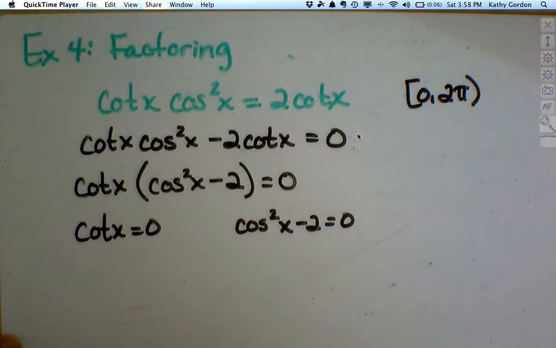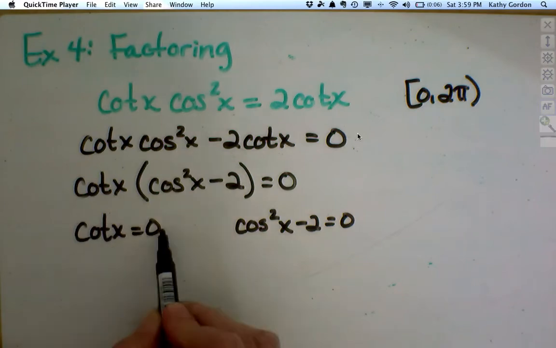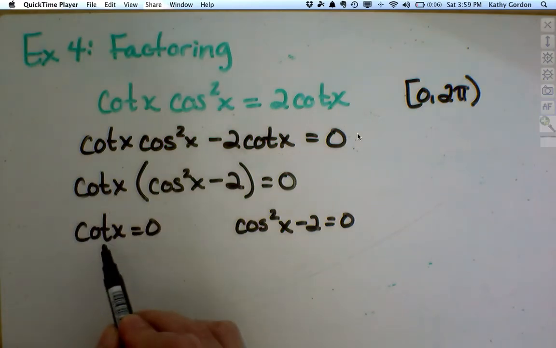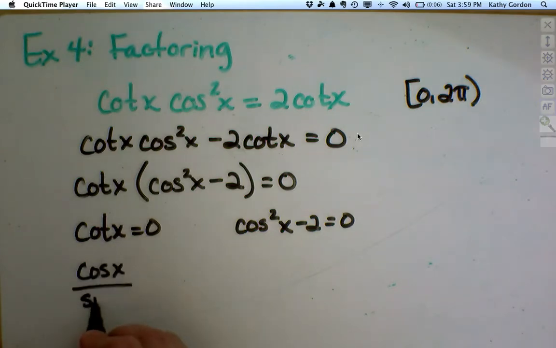Okay? All right, so now, how do I find where cotangent x equals 0? Well, unless you have a really good memory, and you remember this from the unit circle, it might be easier to change it into cosine x over sine x equals 0.